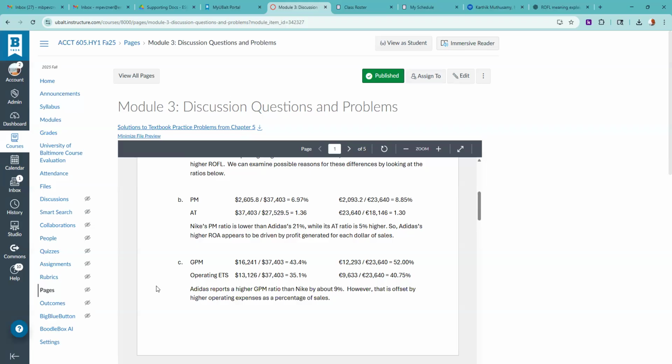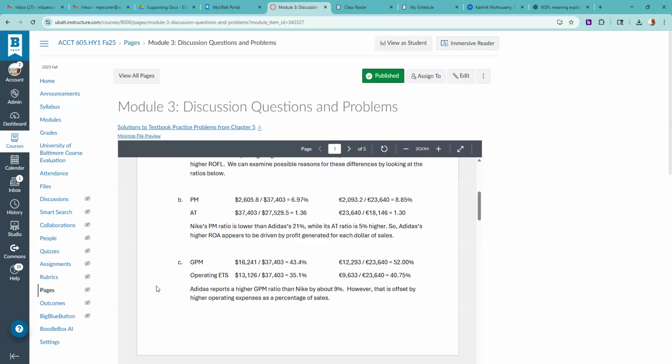And if you look at the income statement, you know what the operating profit is. So you can simply subtract. If you subtract the operating profit from gross margin, I'm sorry, I take it back.